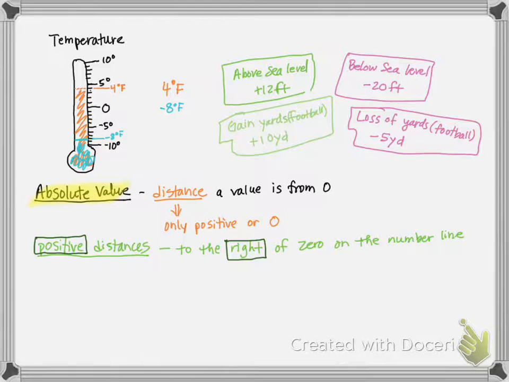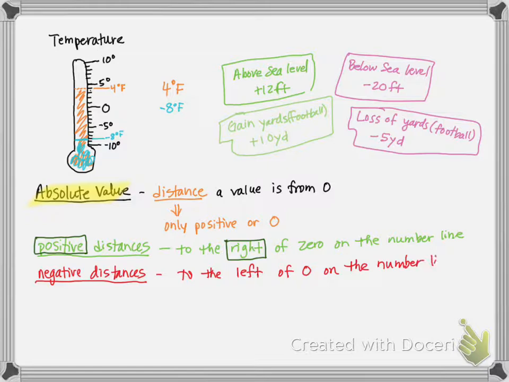And then the negative distances are to the left of 0 on the number line. So there, I wrote it as a number this time. Flexibility, right? And again, let's highlight negative goes with left of 0, okay?